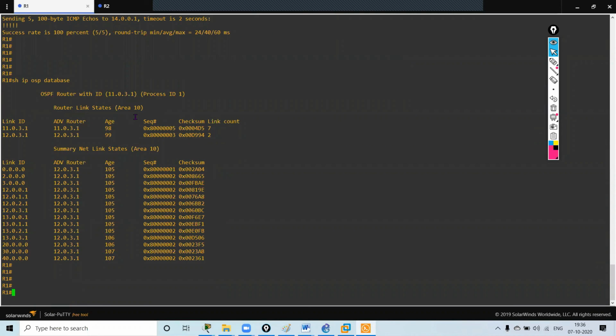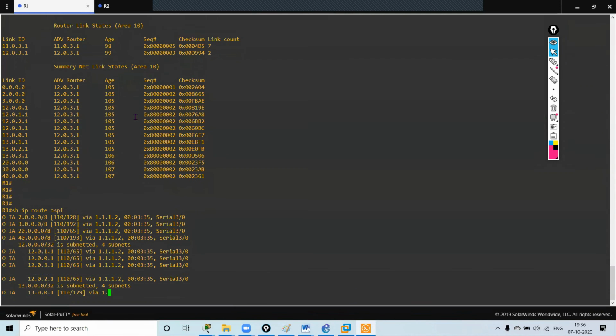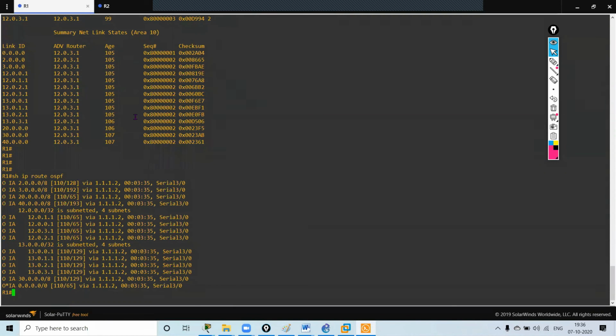Now I will configure totally stub. The last thing that we will see today, totally stub. Now, still if I see, I am getting O IA routes. Still my routing table is very huge.